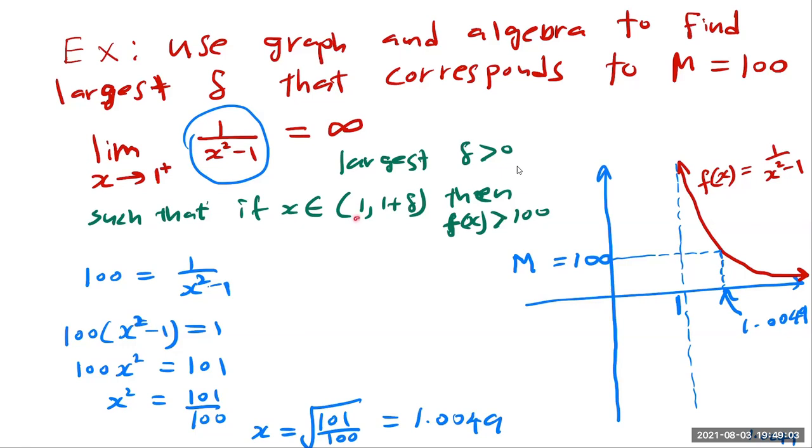So if x is in this interval, then my f of x has to be bigger than 100. What is the largest such delta?